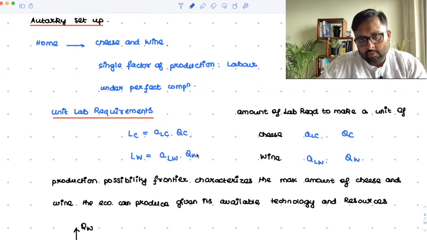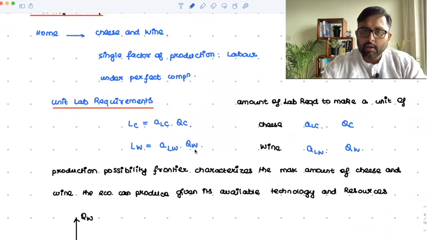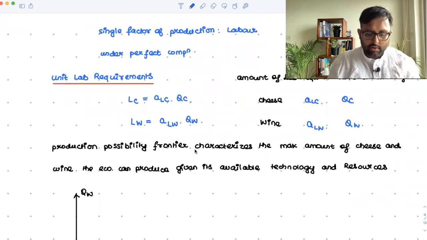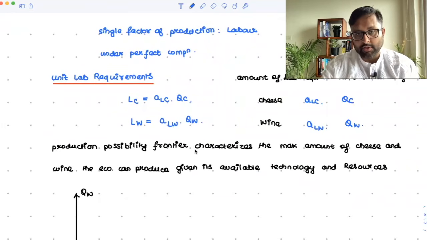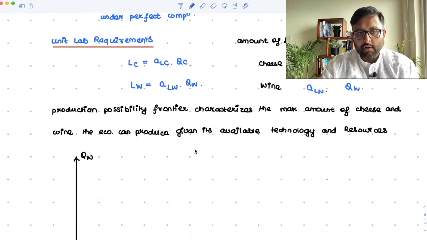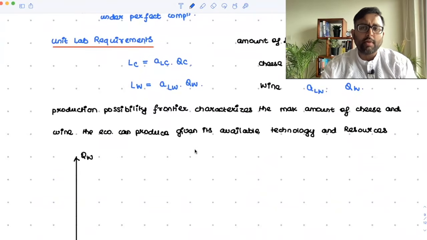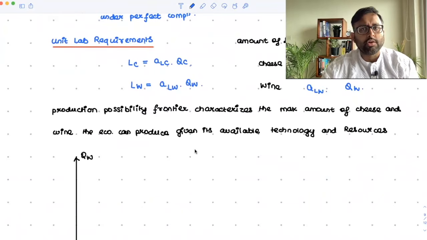ALW QW. With this, you can define the production possibility frontier, which characterizes the maximum amount of cheese and wine you can produce, given whatever your technology is and given whatever resources you have.